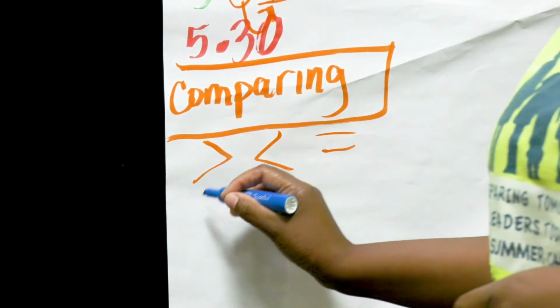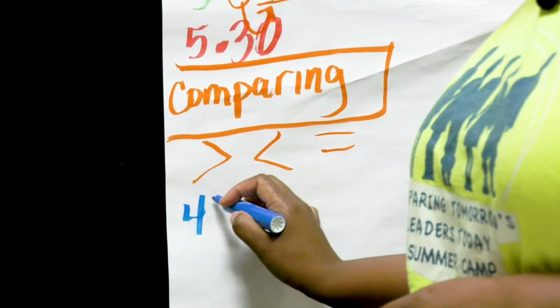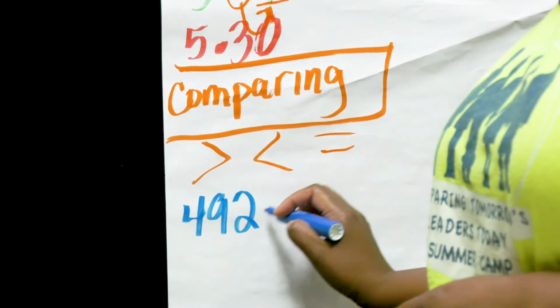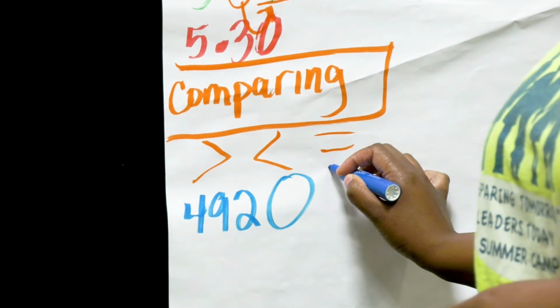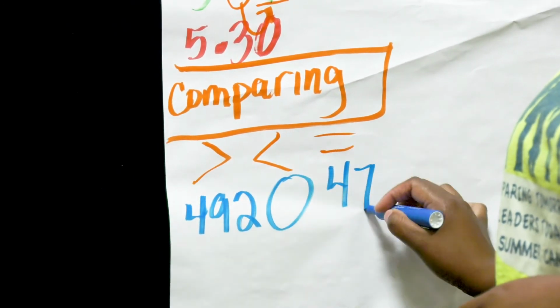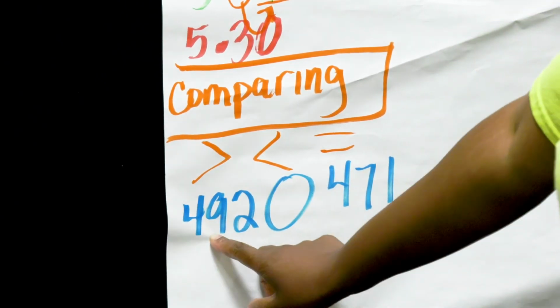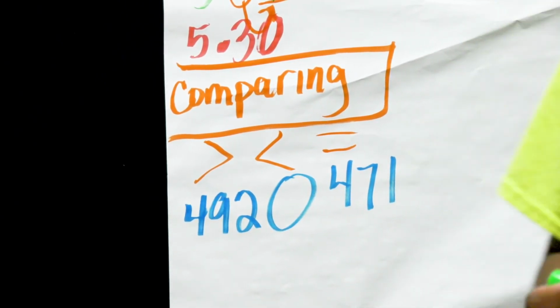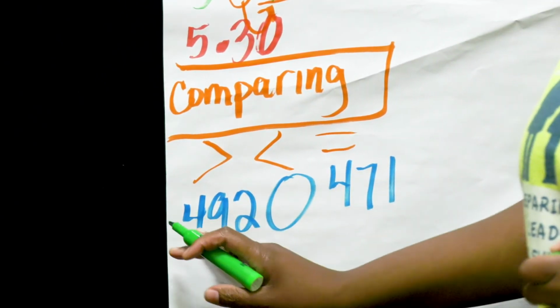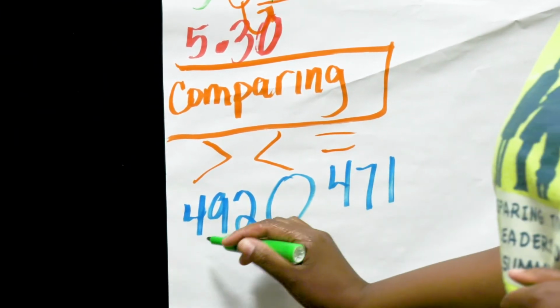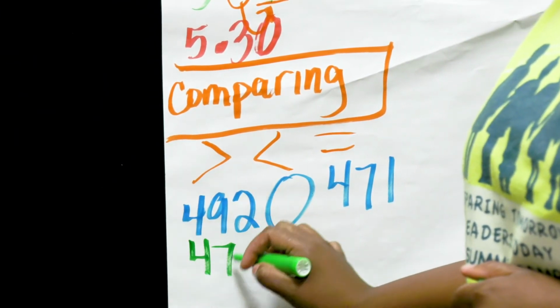So if I have 492 compared to 471, I want to line them up. Keep your first number, and just line up your second number right under it, 471.